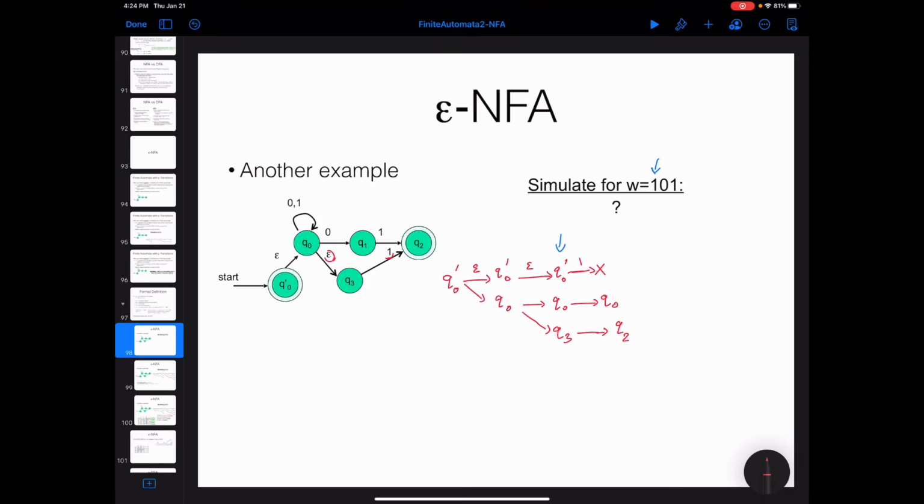At this situation, you want to read the next input symbol, but before reading it, you should be careful that maybe applying the epsilon transitions is going to give you more possibilities, right? So apply the epsilon transition, and yes, here I do have more possibilities for Q0.